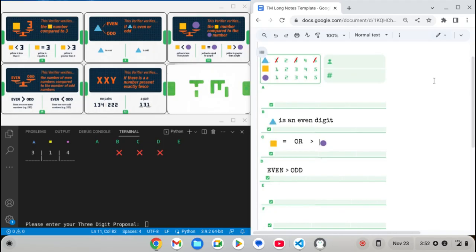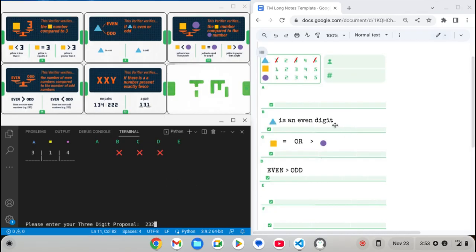So I'm going to say it's 3. And of course, if it's odd, then circle must be the even. So I'm going to go with 232. And let's see where that takes us.